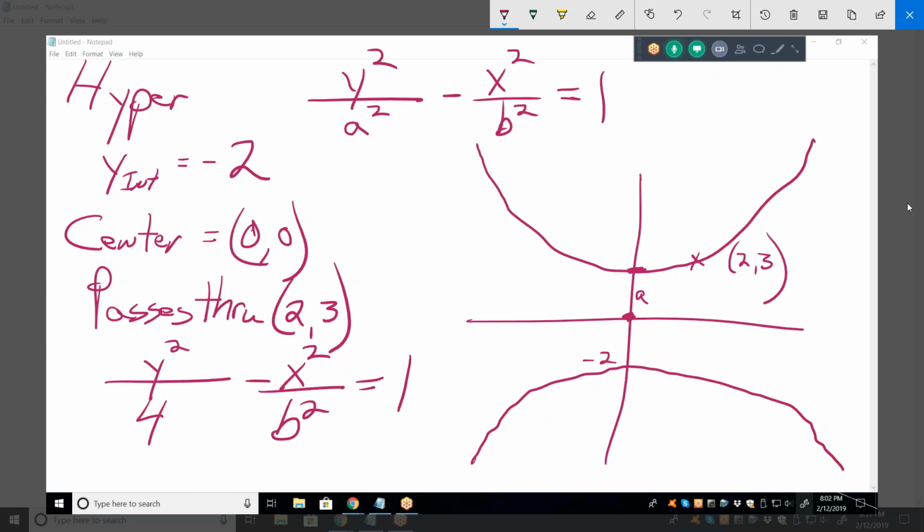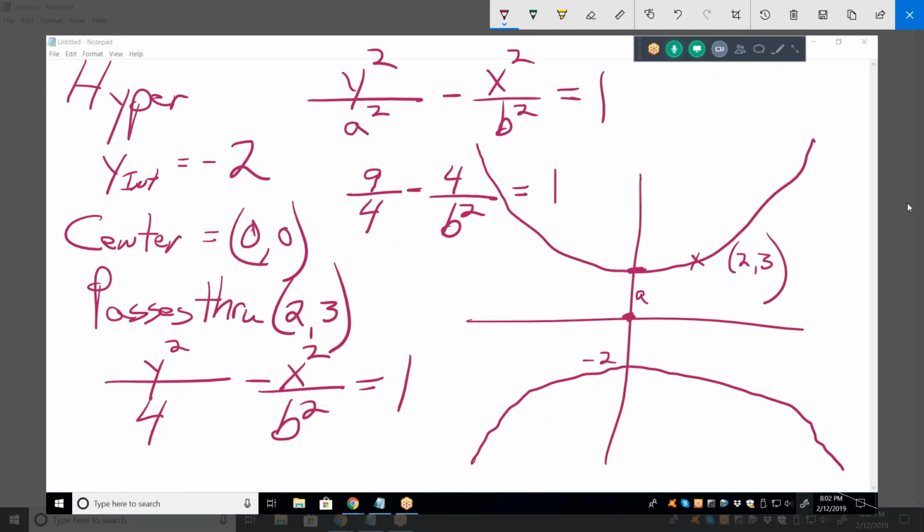You know that much. And we know it passes through a point. If I put that point into what we know, I'll be able to solve for b. So y squared would be 9, right? Minus x squared, which is 4, over b squared. All of that is equal to 1.